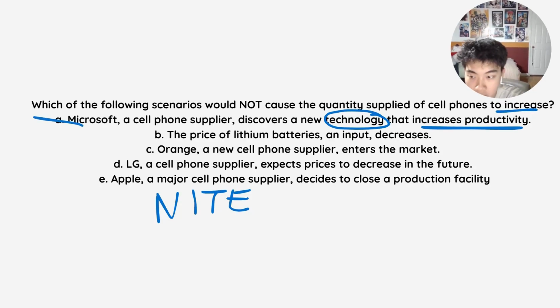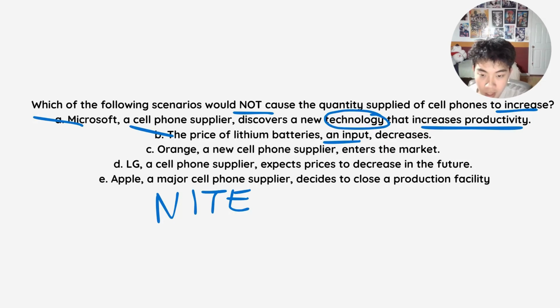So we can eliminate A, because that would increase the quantity supplied of cell phones. B, the price of lithium batteries, an input, decreases. So input prices decrease, which means the supply will increase. That's right, but it's not the answer to the question.